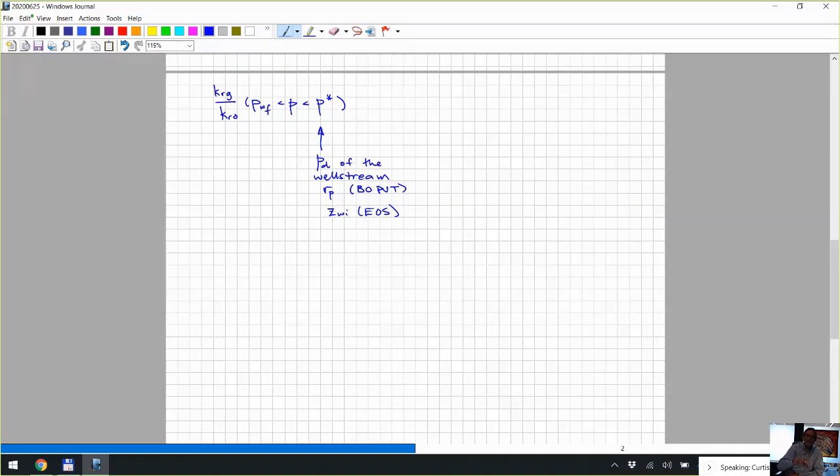So you can go to any of those layers, go into any of the cells in what we call region 1, and all you need to know is the pressure in that cell and the producing CGR of the well, and you can actually calculate the ratio KRG to KRO in that cell. You don't need to know anything about the relative permeability at all. Just the producing GOR of the well, the PVT model, and the pressure of the grid cell.